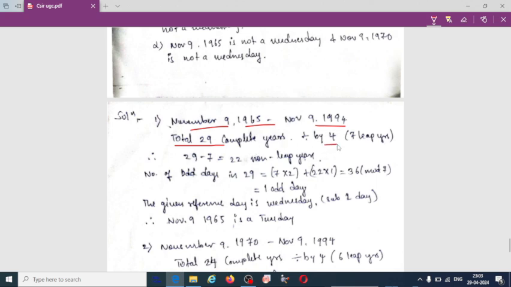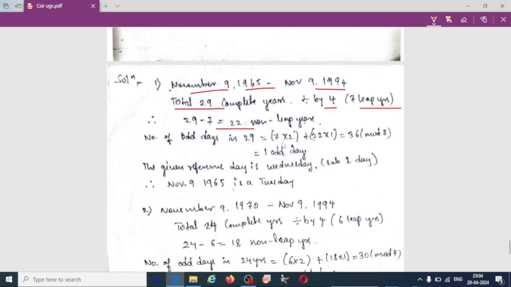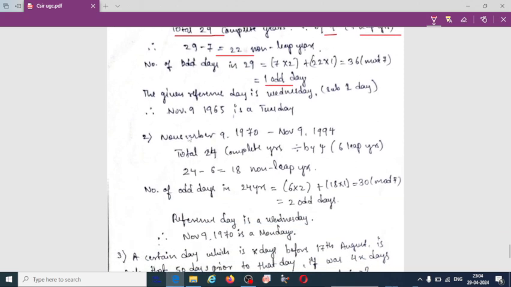If we divide by 4, 7 leap years. So 29 minus 7, 22 non-leap years. Then we can calculate the odd days from leap years and non-leap years. One odd day we will come across. The given reference day is Wednesday. If we subtract one day, we get November 9, 1965 is a Tuesday.